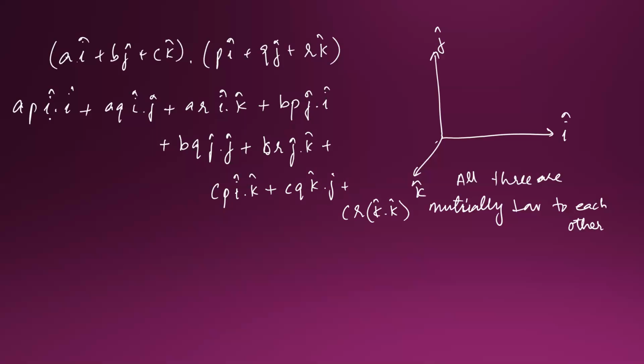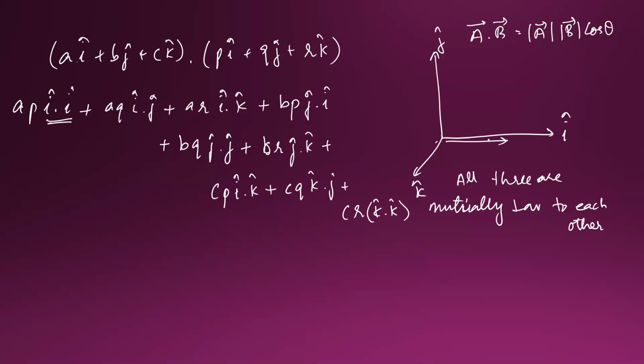So here we have i dot i, two things in multiplication, and we know that a vector dot b vector is equal to mod of a, mod of b, cos theta. The angle between i and i will be 0 degrees, because this is i cap and there is one more vector which is i cap.